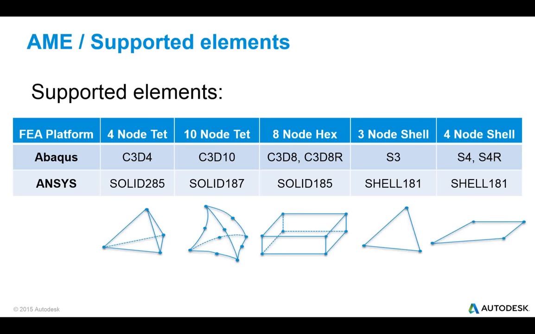So we singled out a few different element types that we really want to support, which are 4-node TETs, 10-node TETs, 8-node hexahedrals, both fully and reduced integration, and 3-node shells, and finally 4-node shells, again both fully and reduced integration. So we carry pretty much capability for all element types. The one thing we don't support right now are 20-node bricks and wedges, which are 6-node elements, with those coming in the near future.